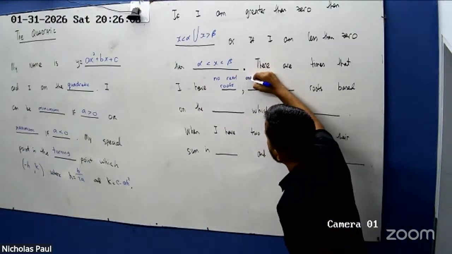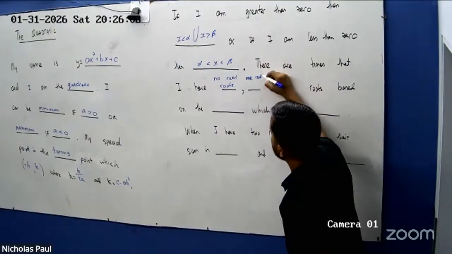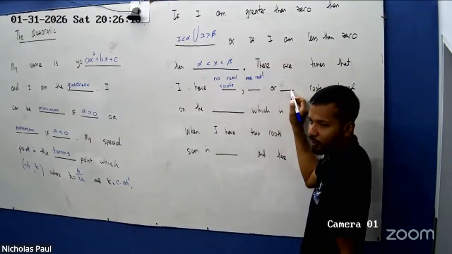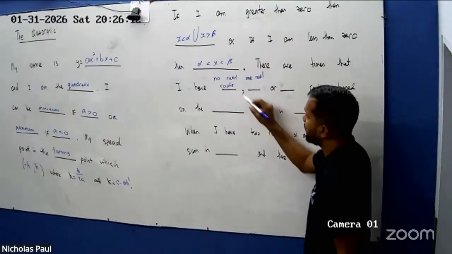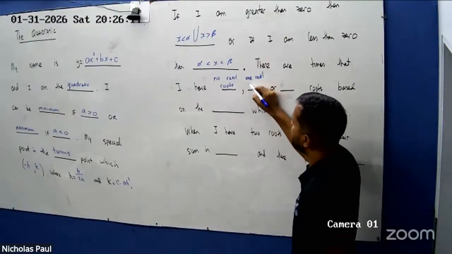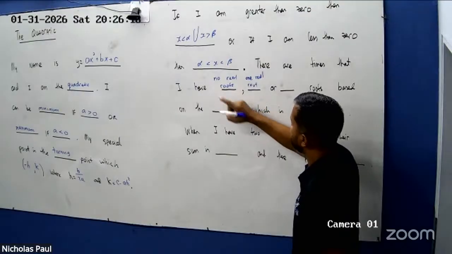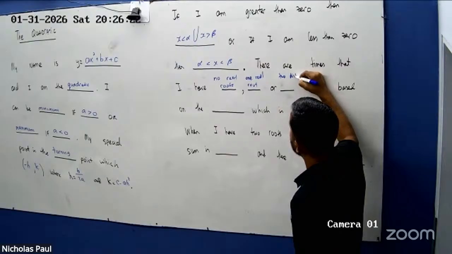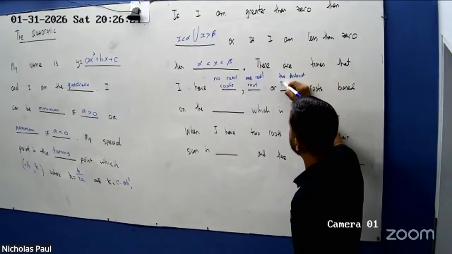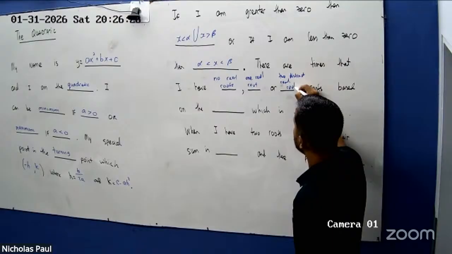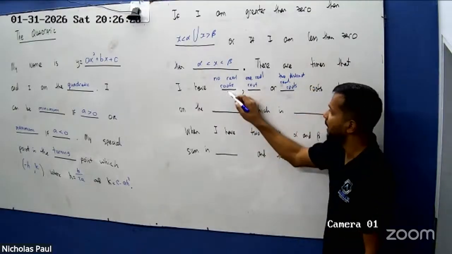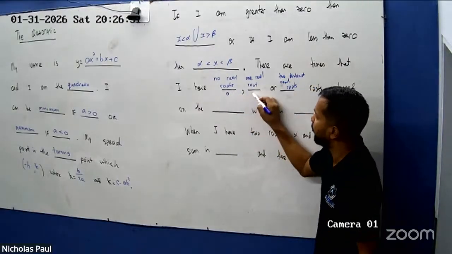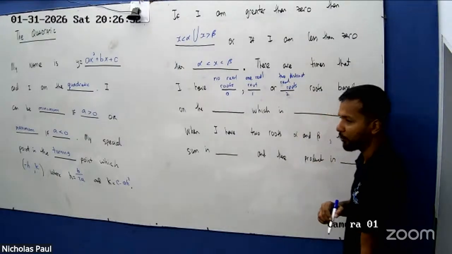One real root. If you have 2, 1, and 0, that's good as well. I'll take that as well. No real roots, you have one real root. And here I have 2 distinct real roots.